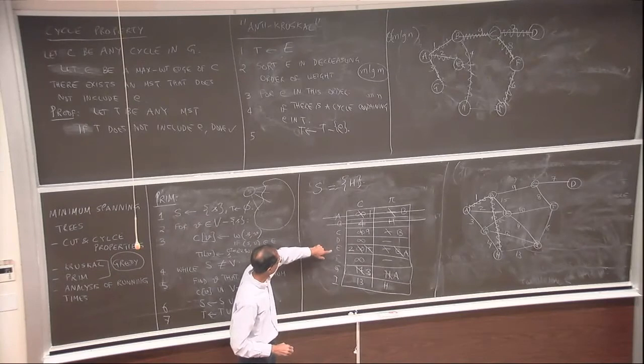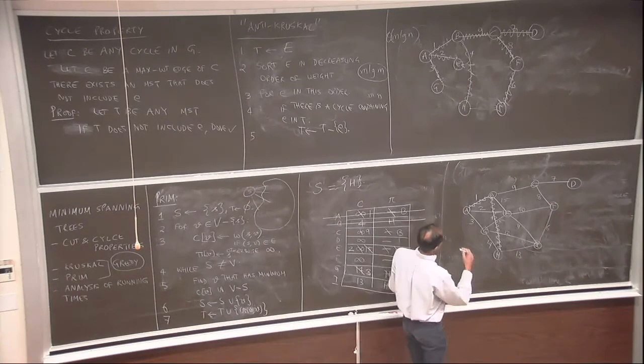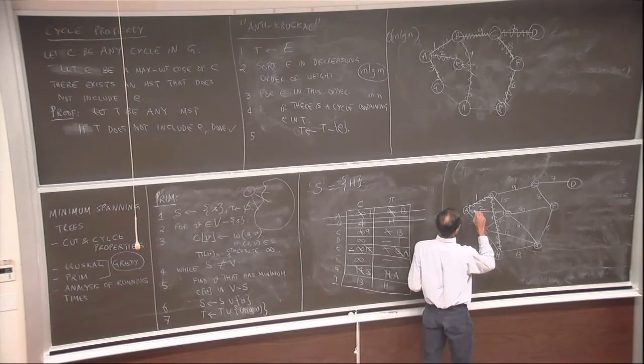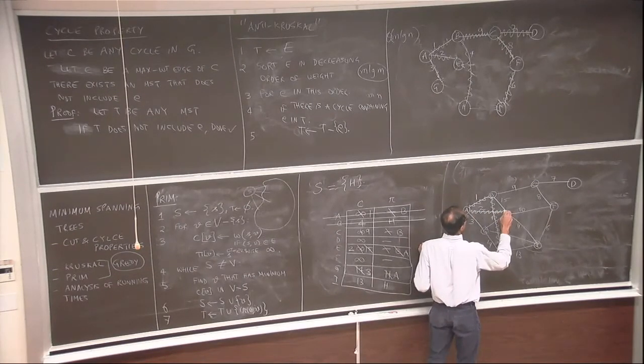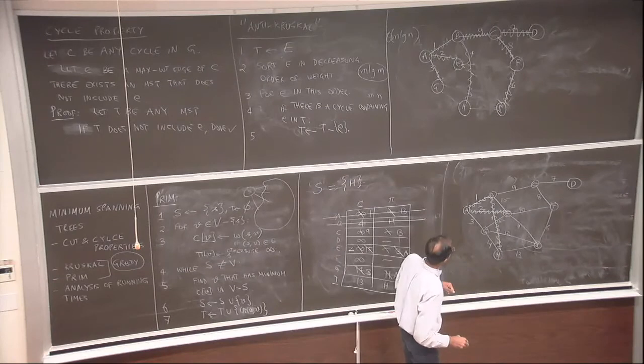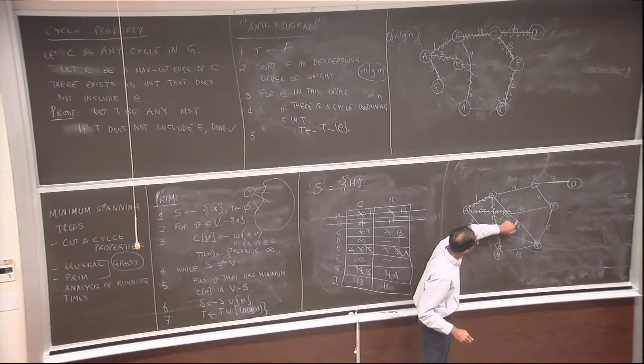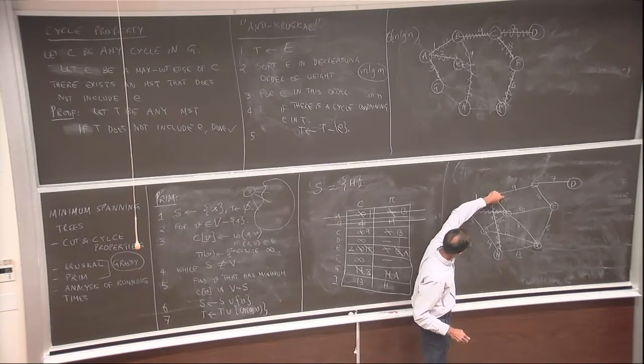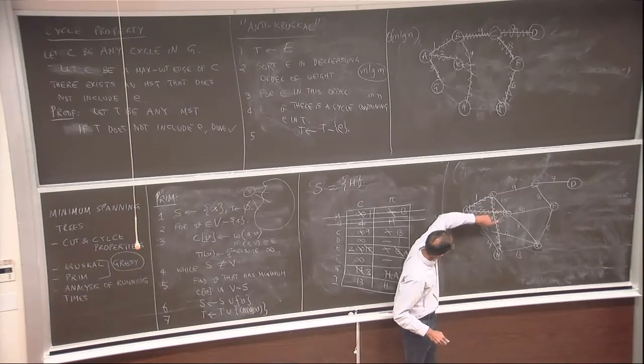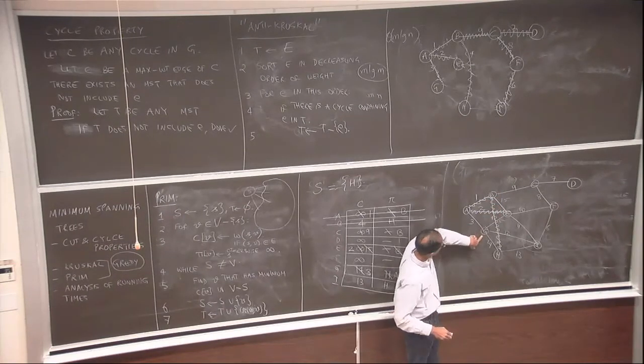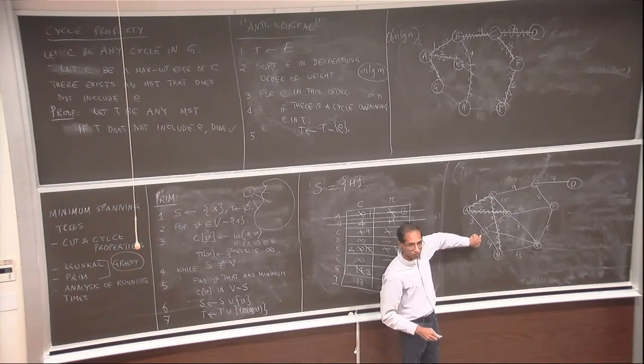The next one we will pick is E. So let's just follow this on this picture. So next we will pick E. And then we will go through all of these edges and update. Will anything get updated? G will not get updated. Why is that?